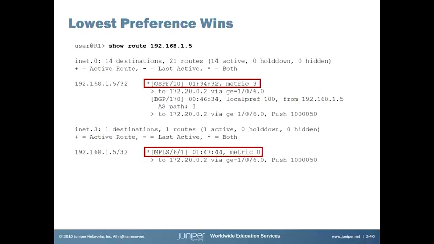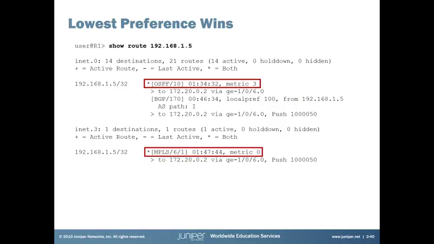So we have reachability to the 192.168.1.5 address via our IGP. Now, why are we looking at that address? The reason is that it is the egress router on our LSP. So that is the destination, if you like, of the traffic that's going on our label switched path. So we have reachability via the IGP.